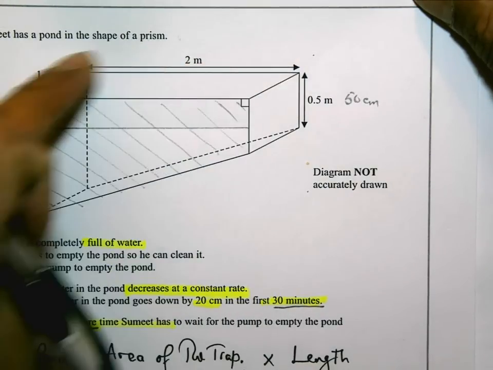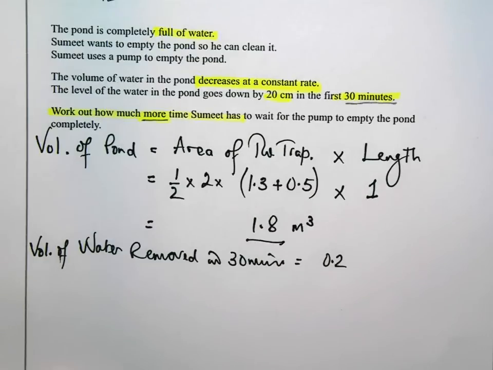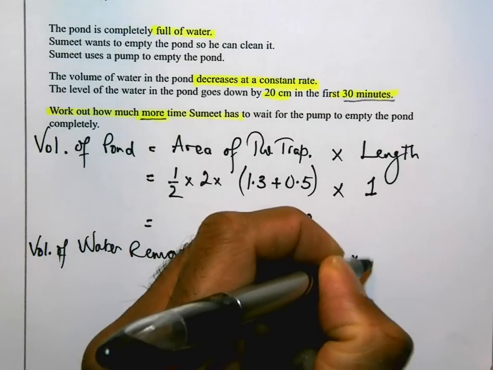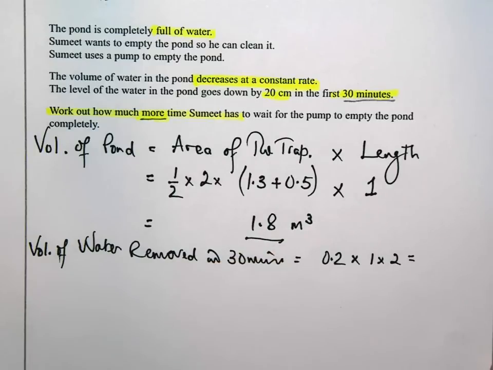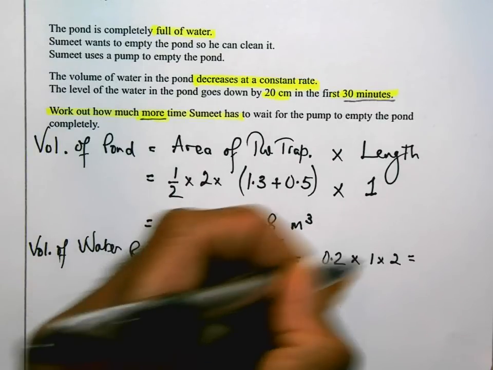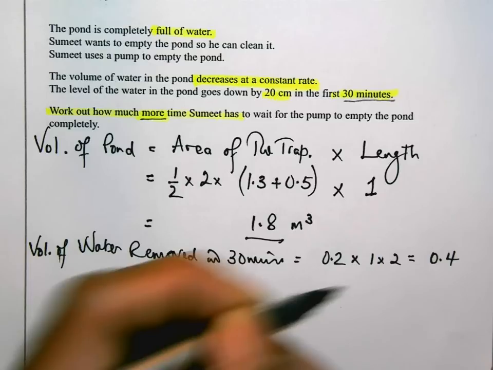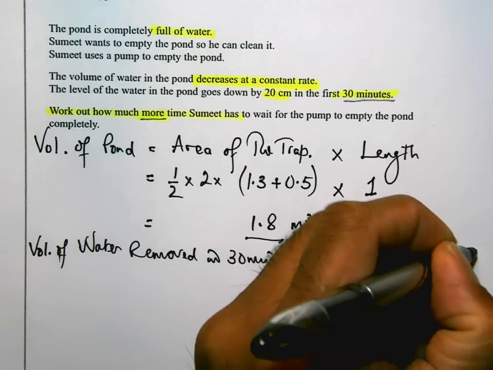So length times width times height. And what does that work out to? 0.2 times 1 is 0.2, times 2 is 0.4 meters cubed. So 0.4 meters cubed is removed in half an hour, in 30 minutes.